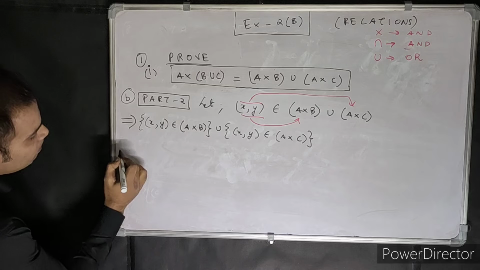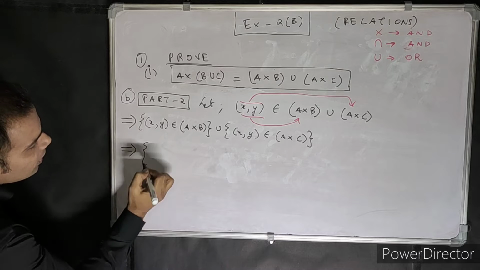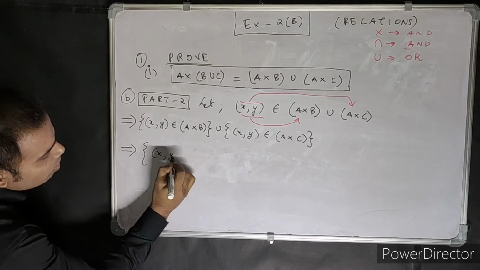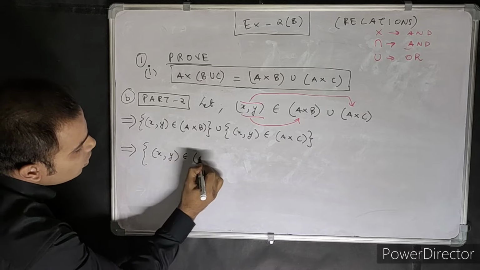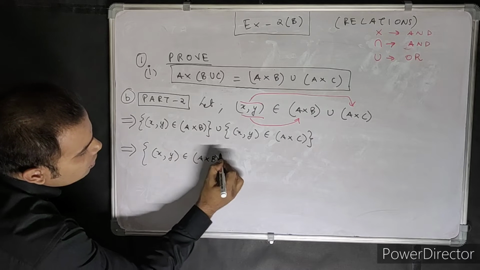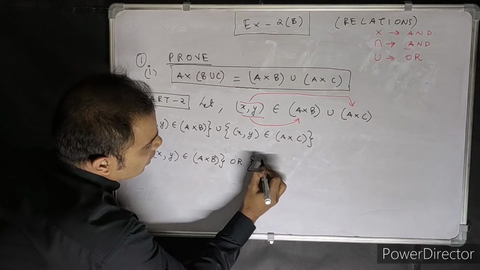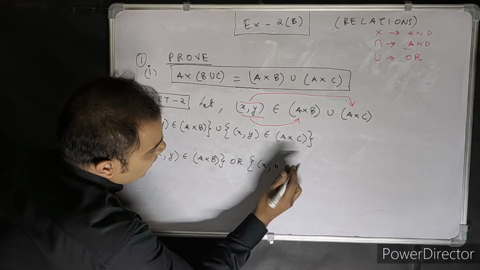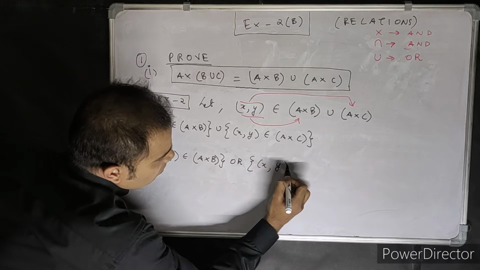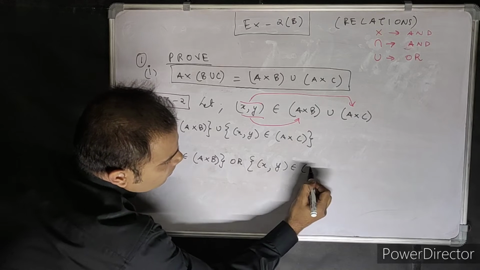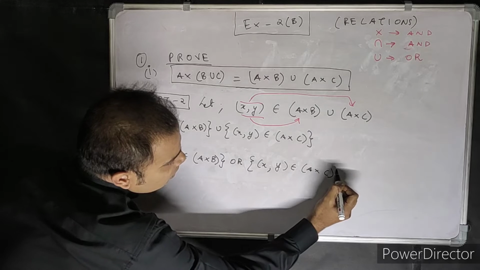You have put an implies sign. Implies x comma y belongs to A cross B. Okay. Or x comma y belongs to A cross C.